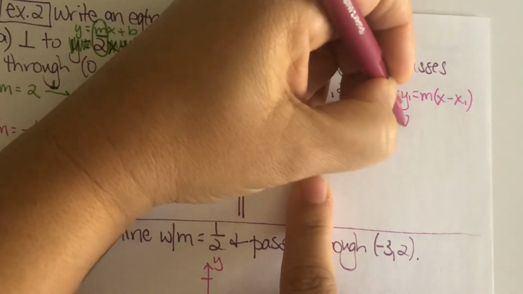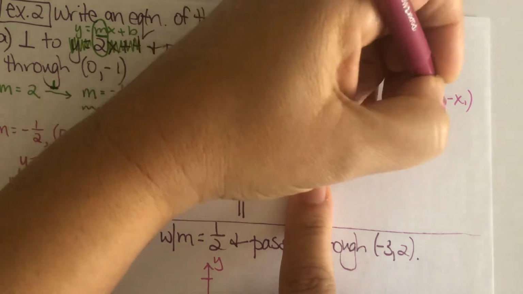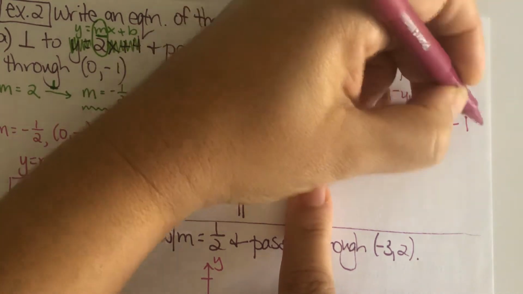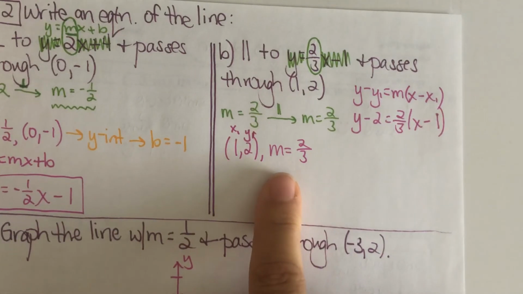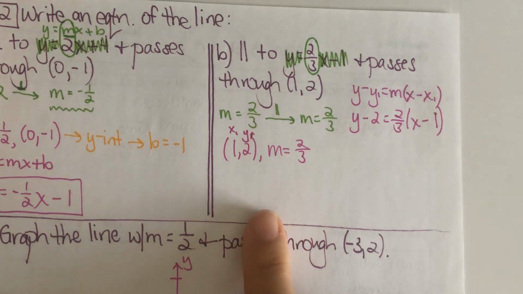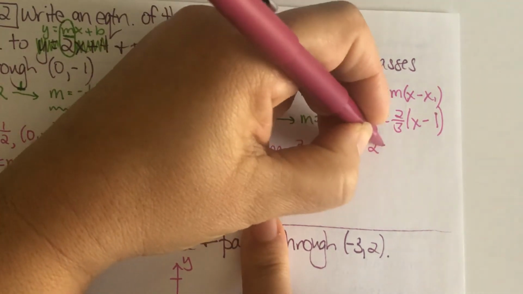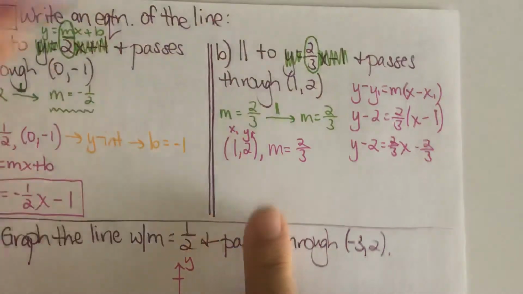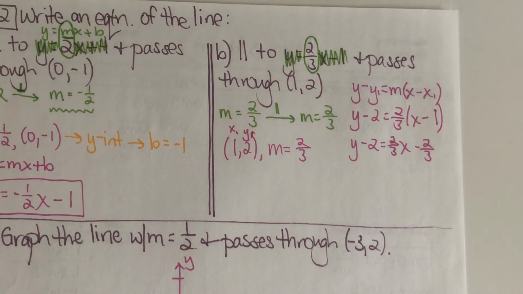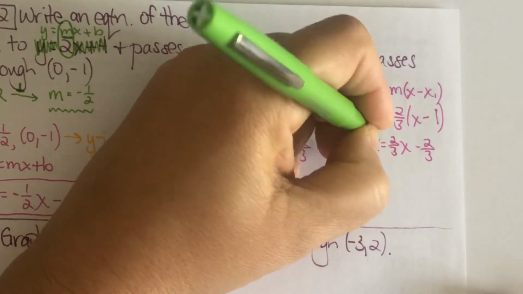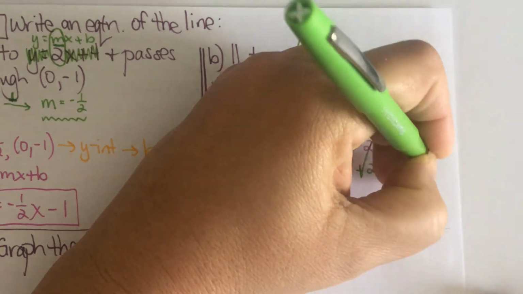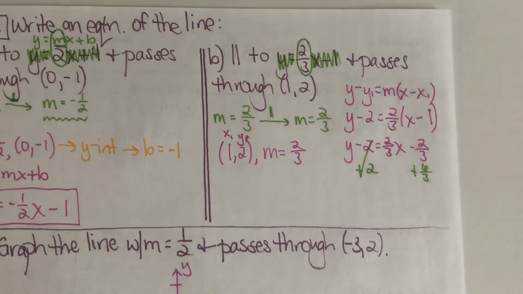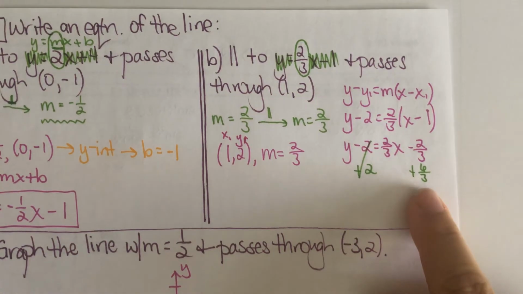So y minus y1 equals m times x minus x1. And then just like we did, I think it was last time, we're going to distribute. I'm not going to write the steps because you have those written in your notes. So we're going to distribute the 2/3, and also just like we did last time, I'm going to add 2 to both sides, but over here, I'm going to add a funny form of 2, because I want these to have a common denominator.